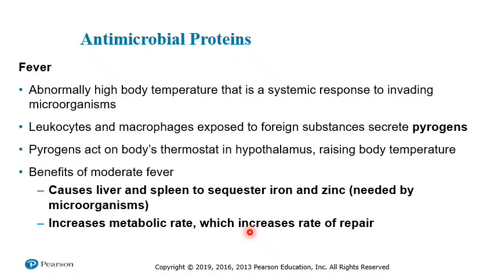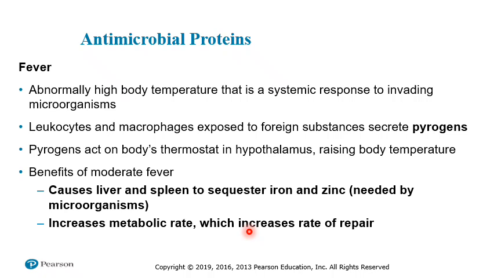This is when leukocytes and macrophages exposed to the foreign substance secrete a substance called pyrogens. These pyrogens act on the thermostat in our hypothalamus. They raise the body temperature, and that's why we have fever.